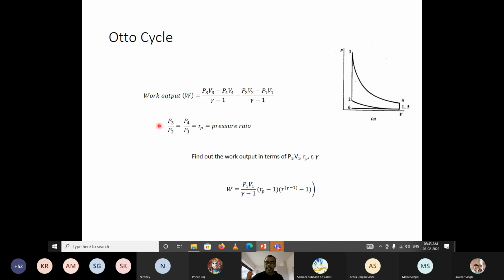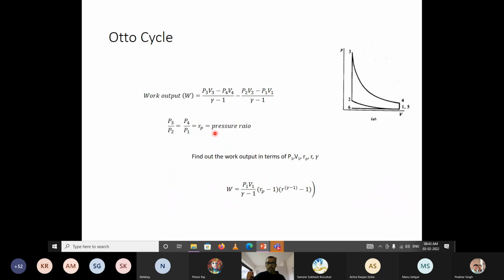You can utilize all the isentropic properties and the constant volume properties, and you will find it. That ratio we denote as rp, the pressure ratio.